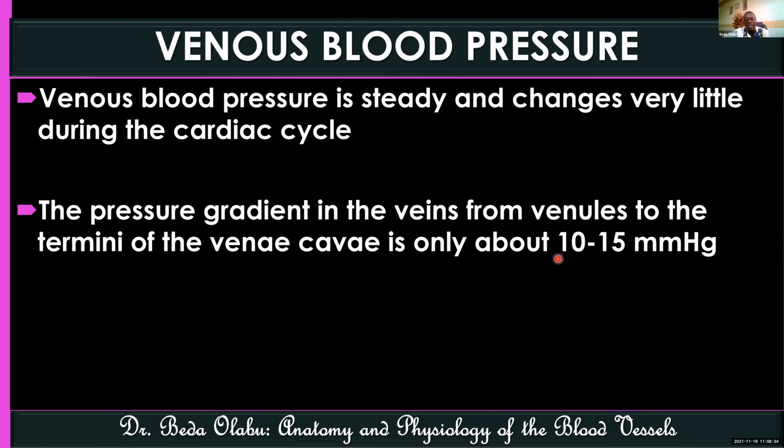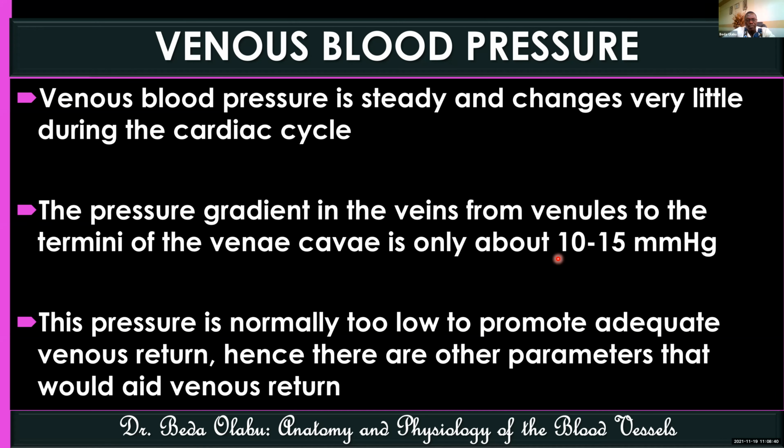And that will make blood flow through the veins very difficult. So this pressure is usually too low, and it may not be enough to promote adequate venous return. The venous pressure is too low to promote adequate venous return.